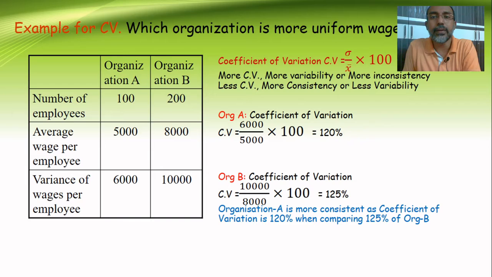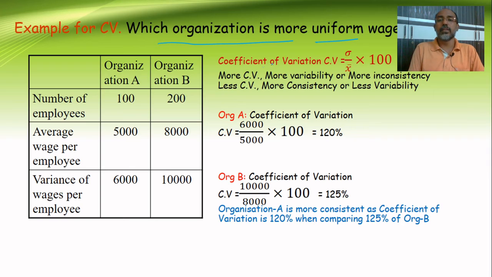So I will try to give the same with an example: which organization is more uniform, in terms of homogeneity, uniformity or consistency? For that we need calculation. What is the formula?